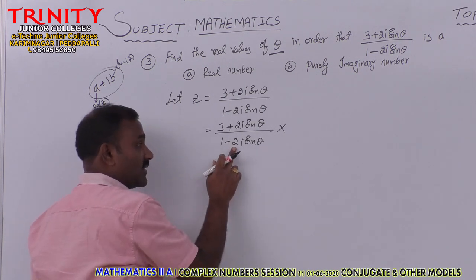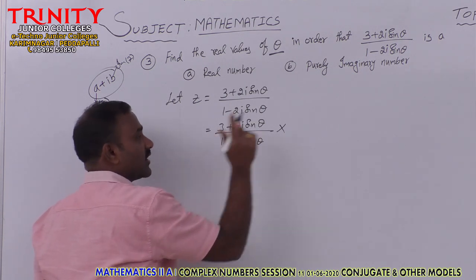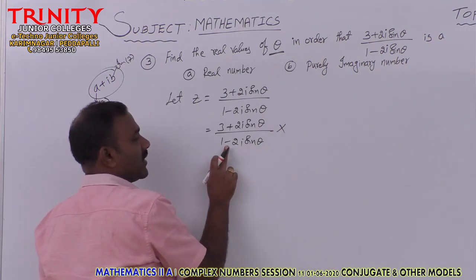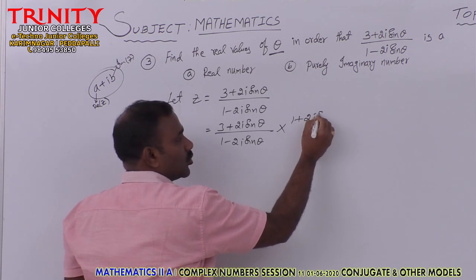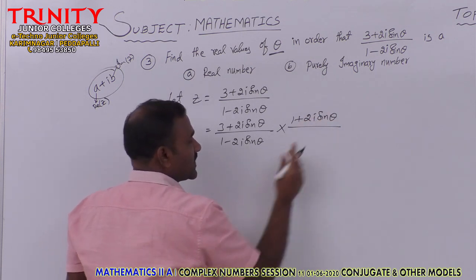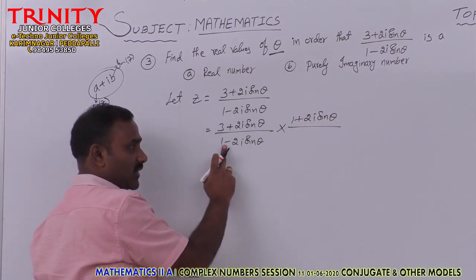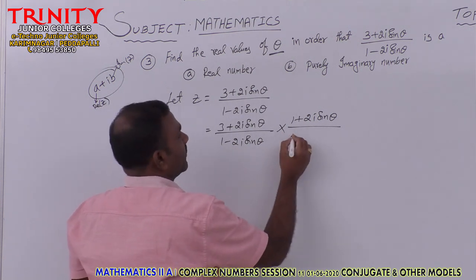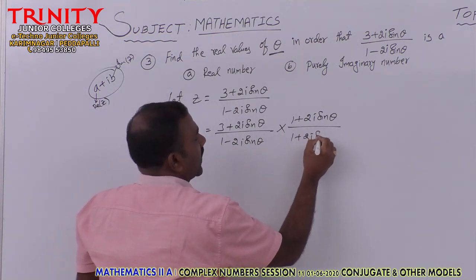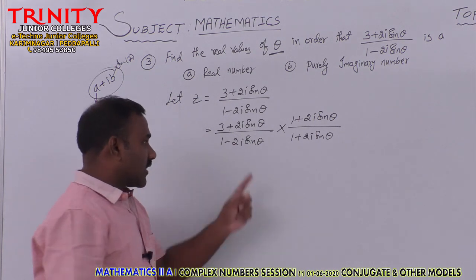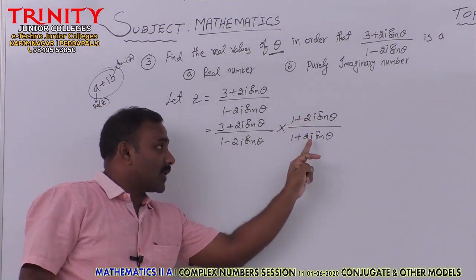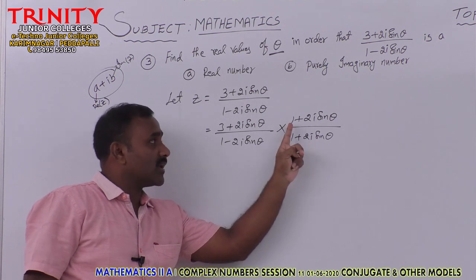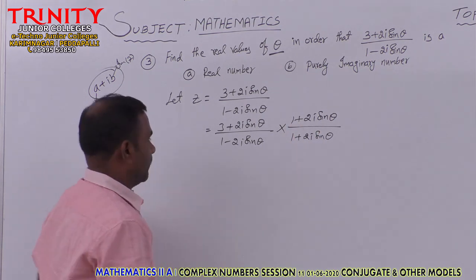Therefore, multiply and divide with its conjugate. What is the conjugate of 1 minus 2i sin theta? 1 plus 2i sin theta is the conjugate of 1 minus 2i sin theta. That's why we multiply and divide with the same number, 1 plus 2i sin theta.